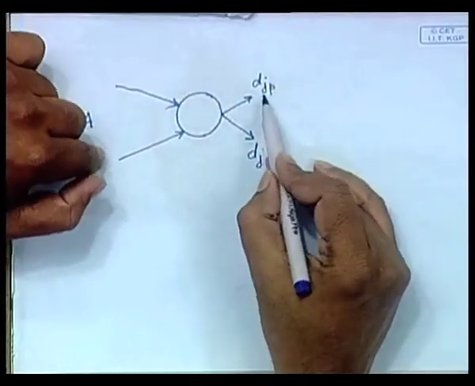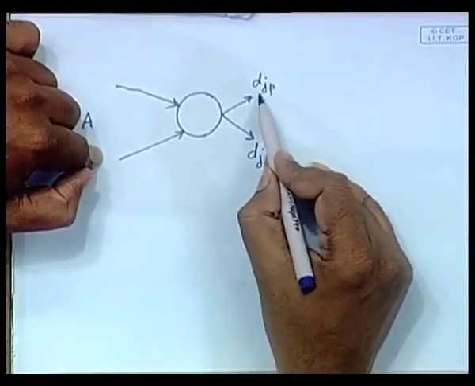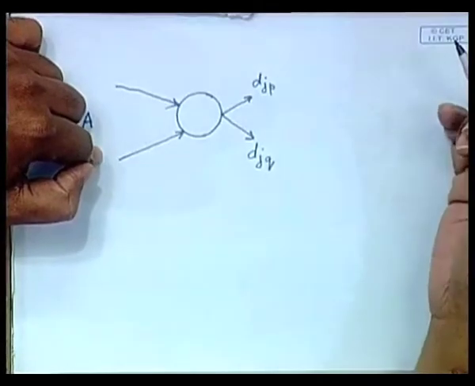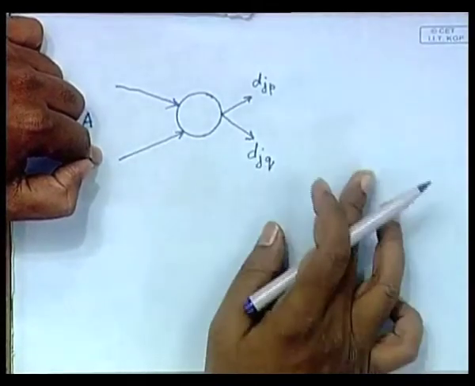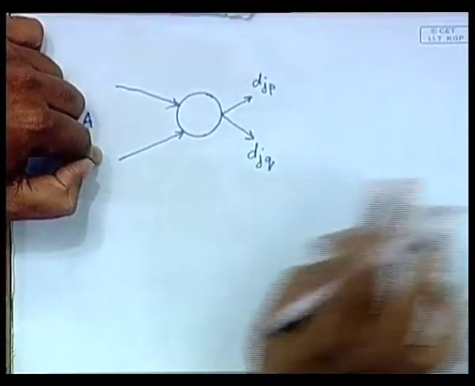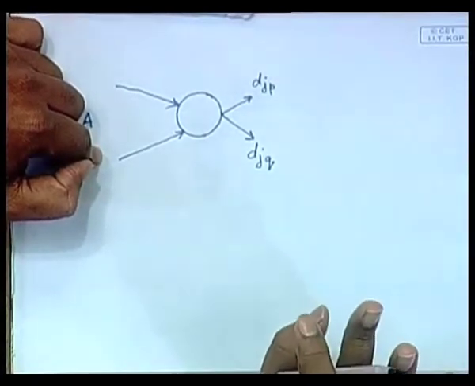Accordingly, this output will be connected to the pth output layer neuron and this output to the input of the qth output layer neuron.